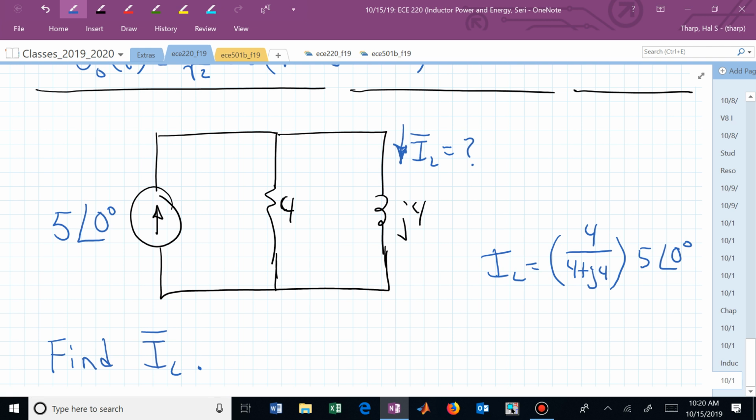You walk over 4 in the real positive direction, and you go up 4 in the imaginary direction. You're now a hypotenuse away from the origin. The hypotenuse is 4 square root of 2, and the angle, 45. You've gone up as far as you've gone over. Now you plug those numbers in, and you can find this I sub L bar.